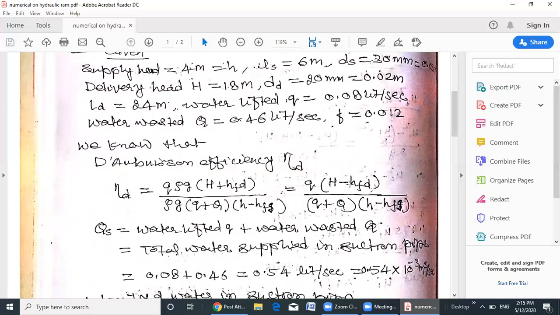If frictional head is not considered, then there will be no hfd and no hfs here.